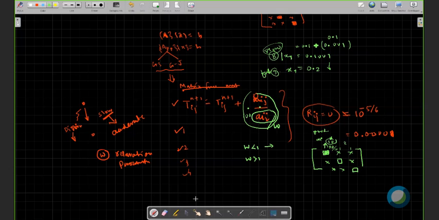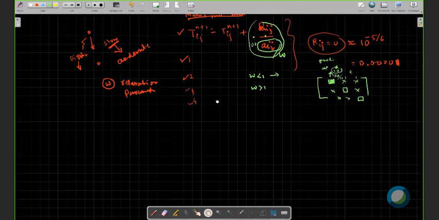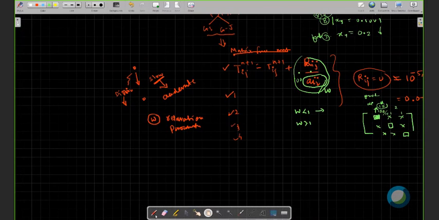Okay. So finally, when you apply this relaxation to the Gauss-Seidel method, it is called the Gauss-Seidel successive over relaxation method, GSSOR.